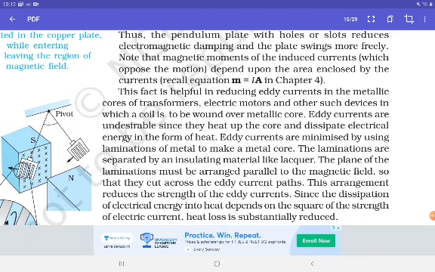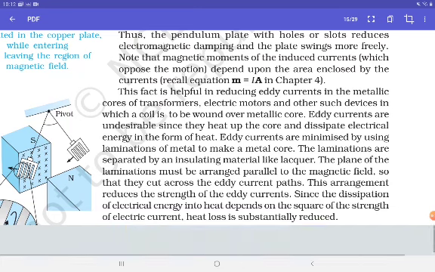Eddy currents are undesirable since they heat up the core and dissipate electrical energy in the form of heat. Eddy currents are minimized by using laminations of metal to make a metal core. The laminations are separated by an insulating material like lacquer. The plane of lamination must be arranged parallel to the magnetic field so that they cut across the eddy current paths.